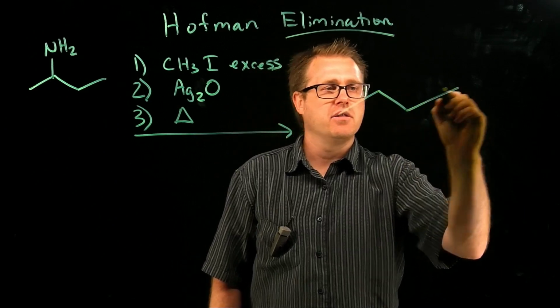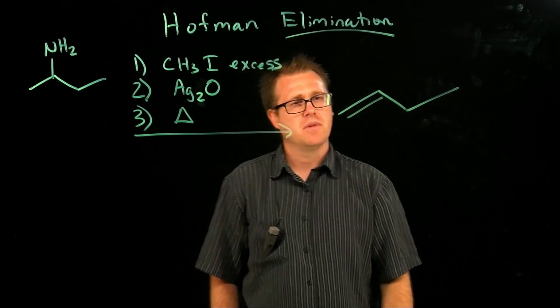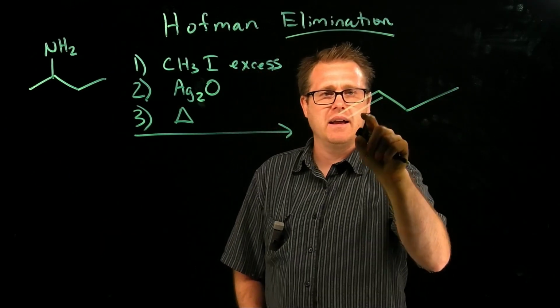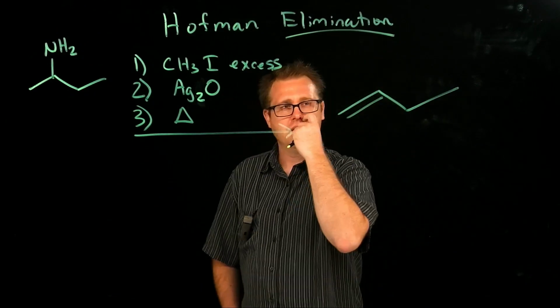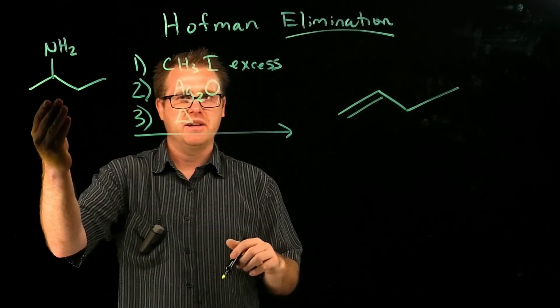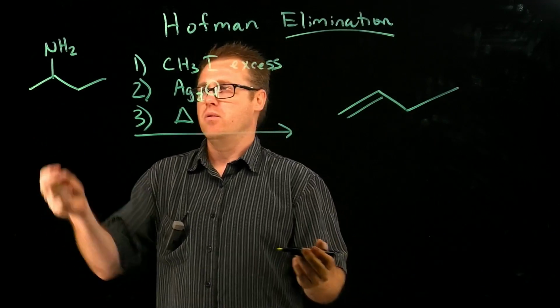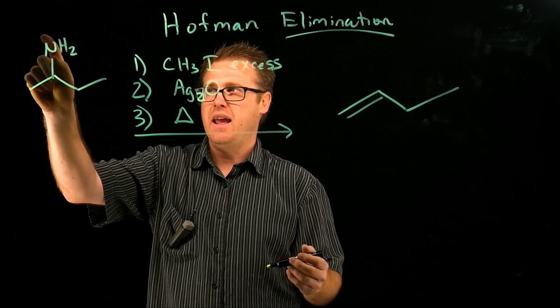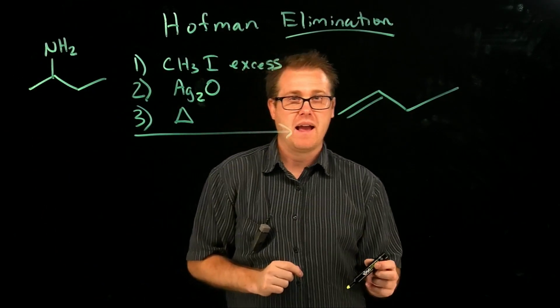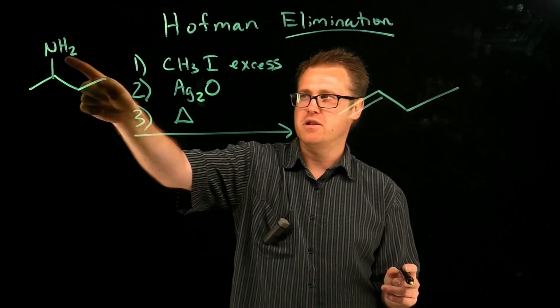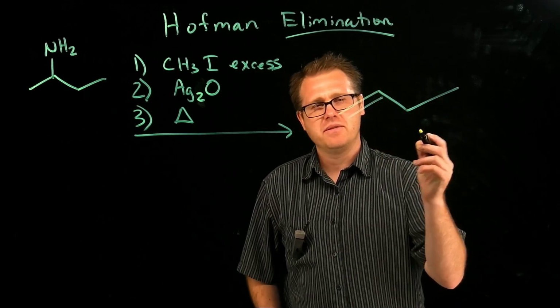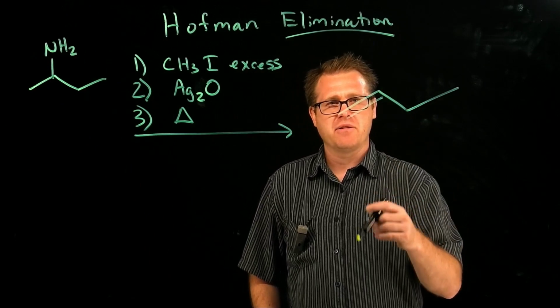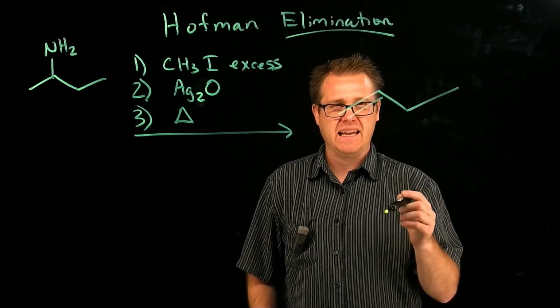And our product looks like this. We get a terminal alkene. So when we look at the starting material and look at our products, we have eliminated a nitrogen atom and the hydrogen attached to it. That's popped off. And we've generated a terminal alkene.